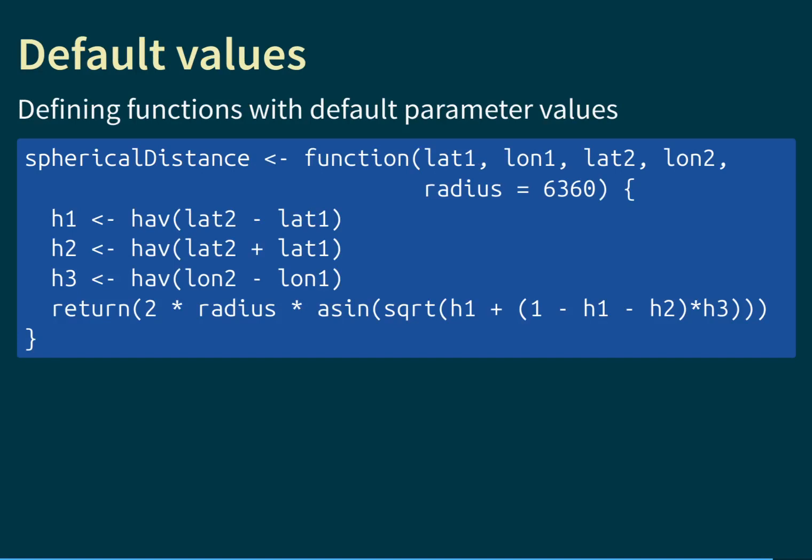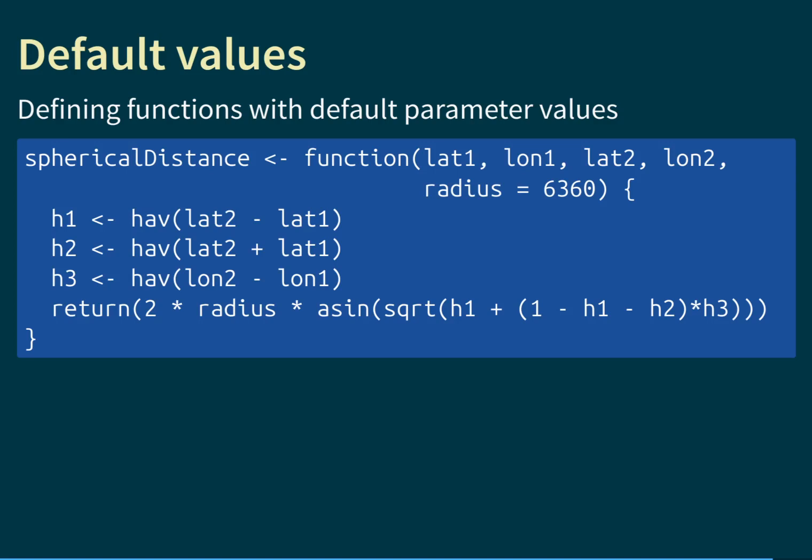There's one more thing that we can do, namely define functions with default parameter values. So it is possible, when we define a function, to say radius equals 6,360, which would make sense because most likely, most of the time, we are going to be using this distance formula to compute distances between points on planet Earth.